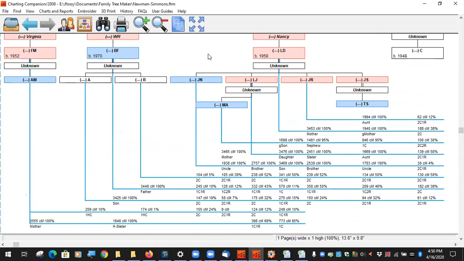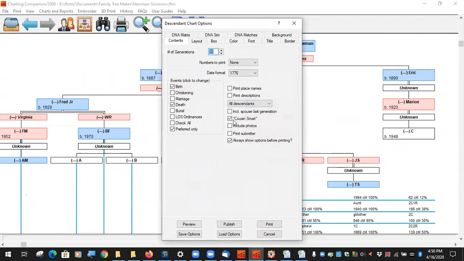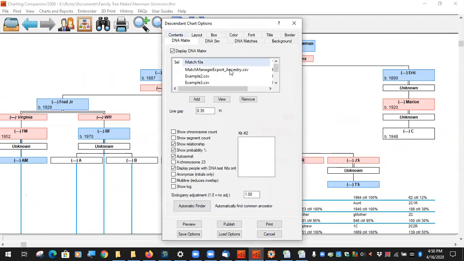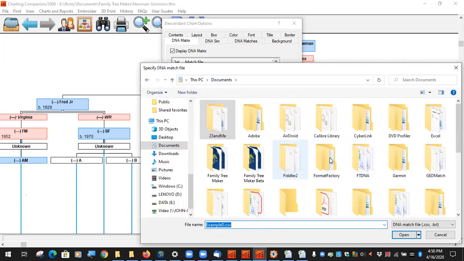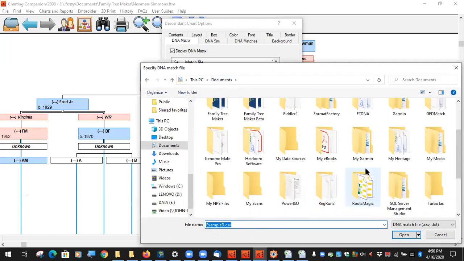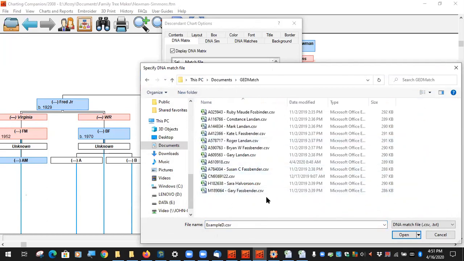Oh, and while I am here, if you do have a file where, say, you add it and Charting Companion says, hey, I do not understand this file. As a matter of fact, here, let me just add a file here. Because I got one where I manually did one from GEDmatch.